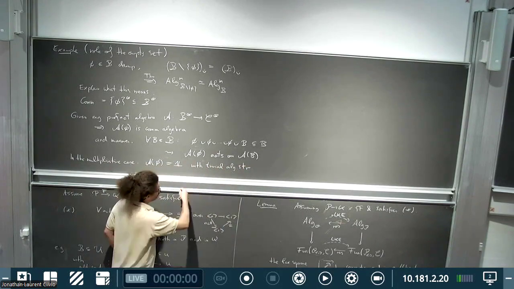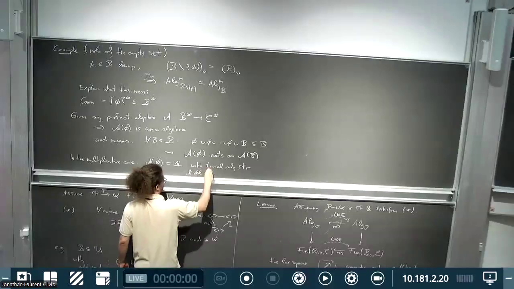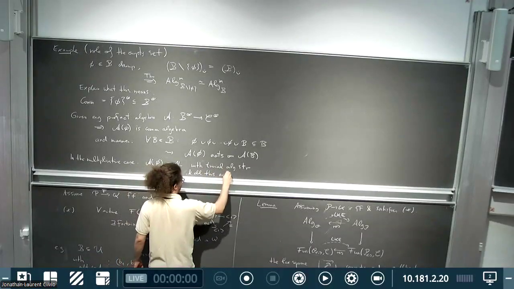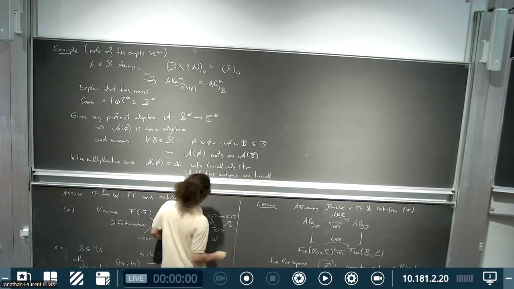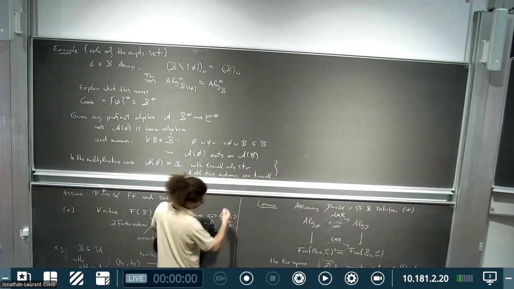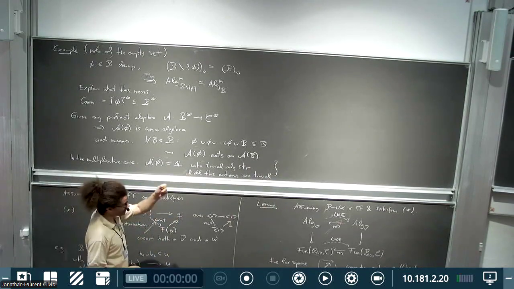And all these actions will also be trivial. And I mean, this is not the actual proof. The actual proof is actually not very hard. It's just a very short computation.